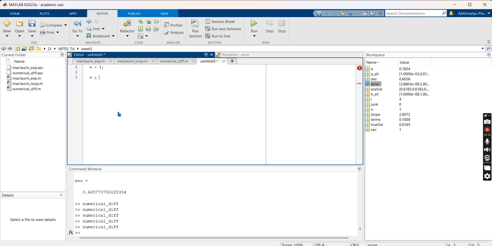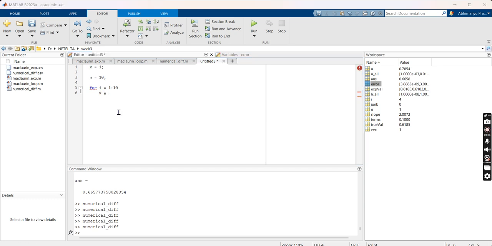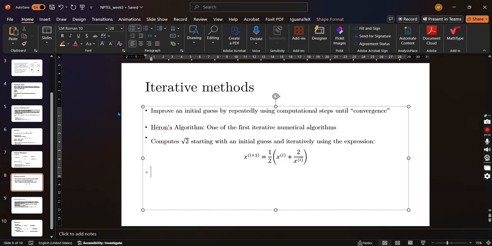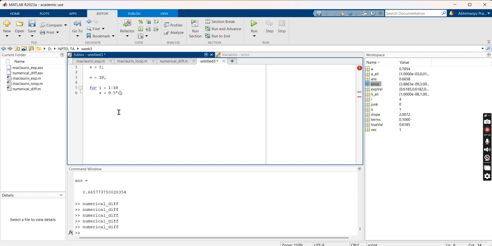Then if I want to run my iteration 10 times, I will run a for loop from 1 to 10, and my new x would be x equal to 0.5 multiplied by my current x plus 2 divided by my current x, right?